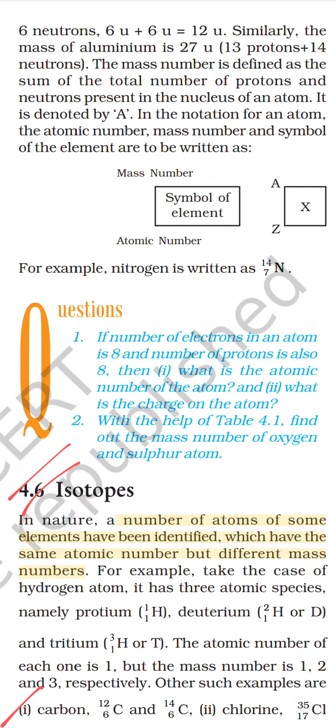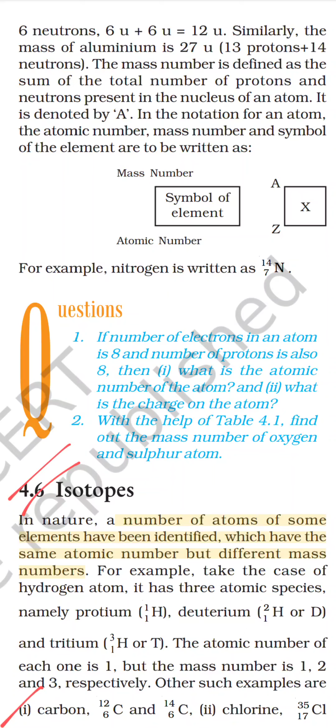For example, take the case of the hydrogen atom. It has 3 atomic species, namely protium 1H1, deuterium 1H2 or D, and tritium 1H3 or T. The atomic number of each one is 1, but the mass numbers are 1, 2 and 3 respectively.